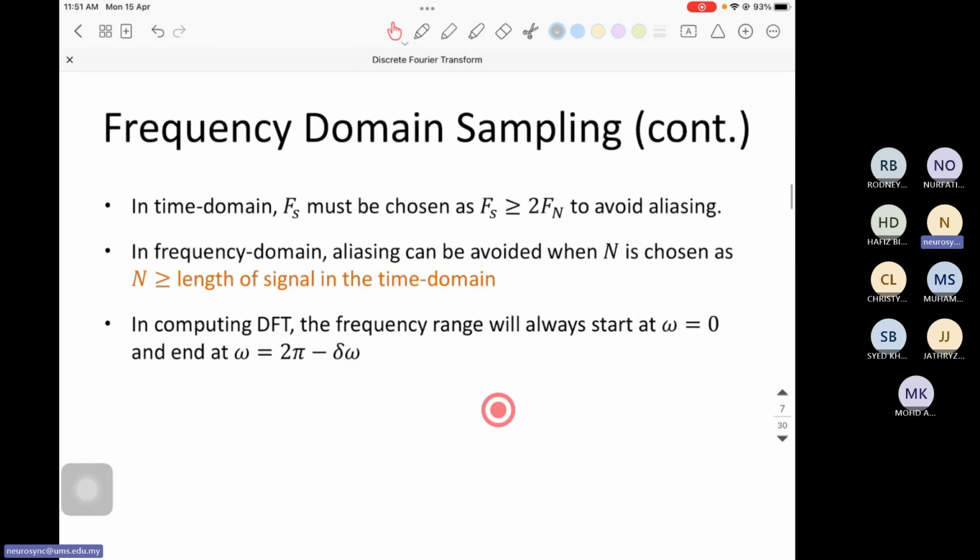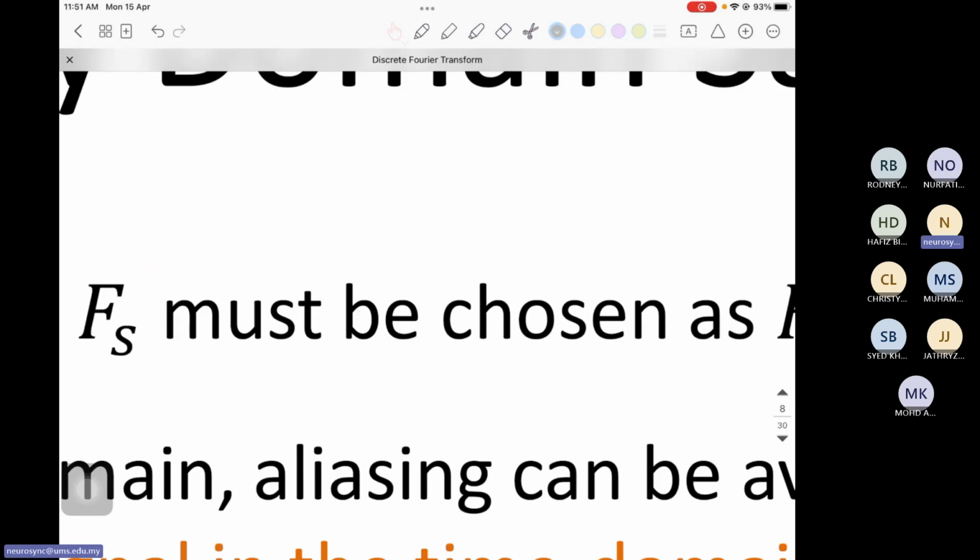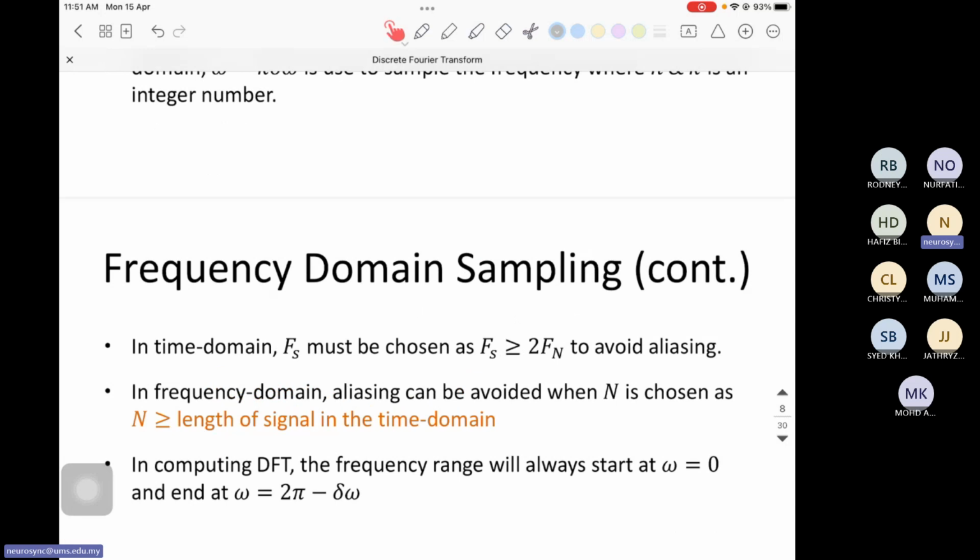Now in time domain we said that fs, the sampling frequency, must be greater than or equal to 2 times the natural frequency, whatever the original signal frequency is. This is to avoid aliasing in the system.